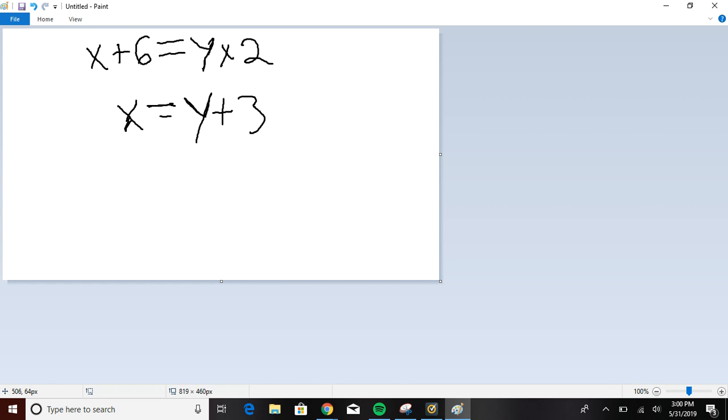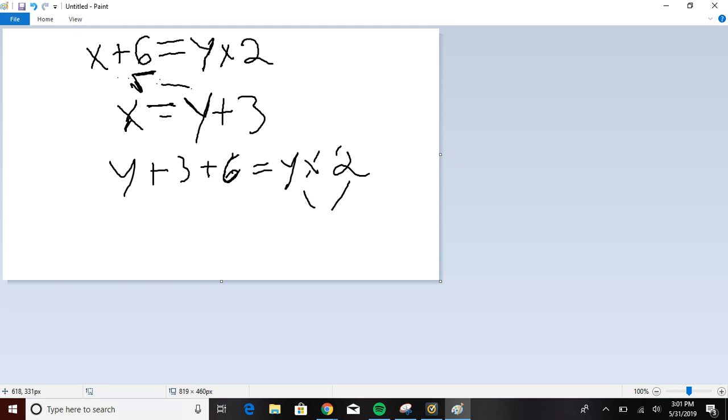We're going to go ahead and substitute x for this right here. Okay, so we've got y plus 3 plus 6 equals y times 2. Actually, we're going to write y times 2 as y2, like that.